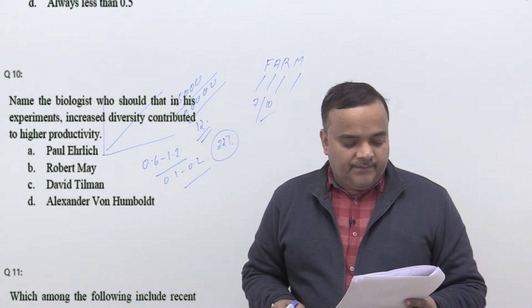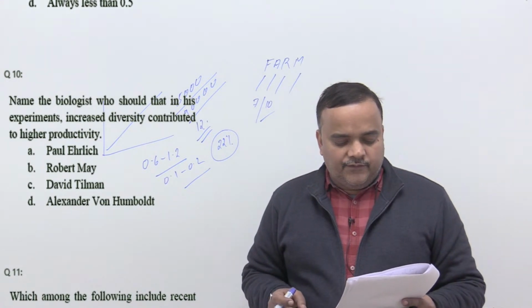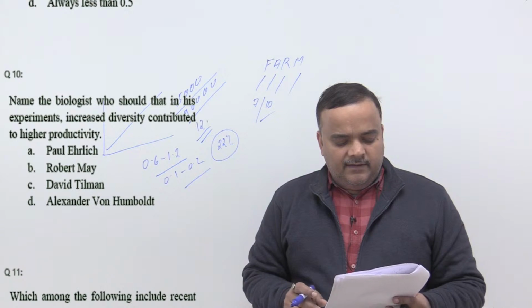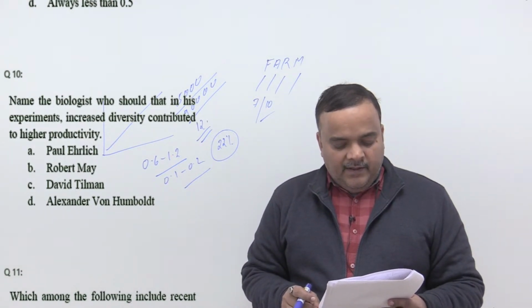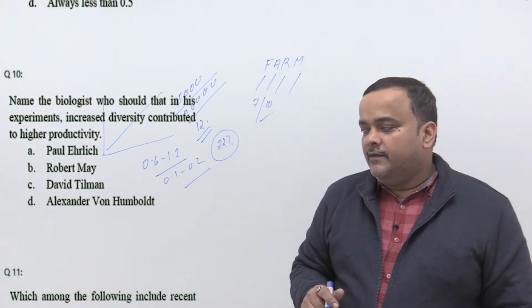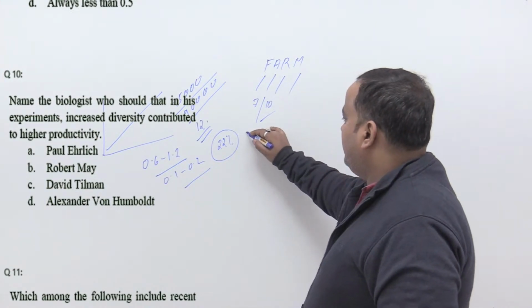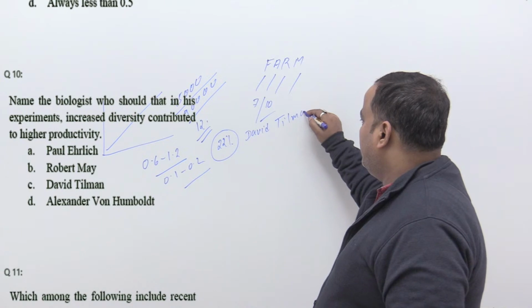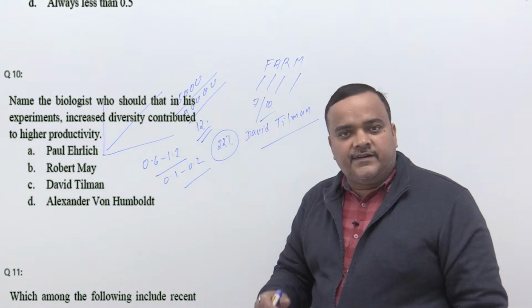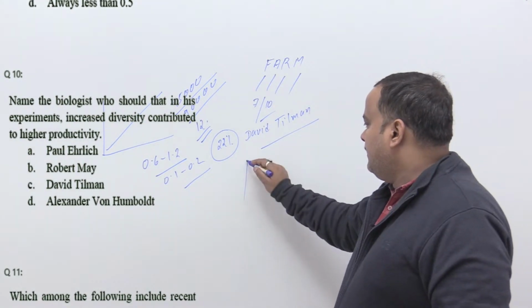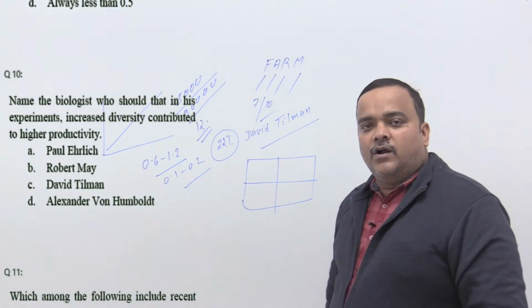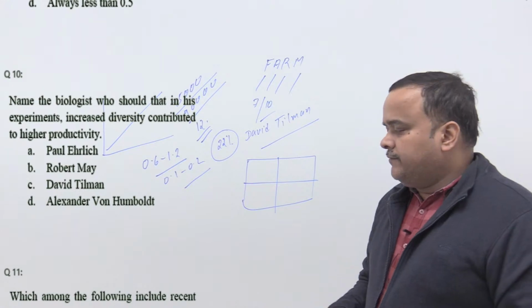Now, question number 10. Name the biologist who showed that, in his experiment, increased diversity contributes to higher productivity. This was established by David Tilman in his outdoor plot study. What he had done: he divided a particular area into different quadrats.